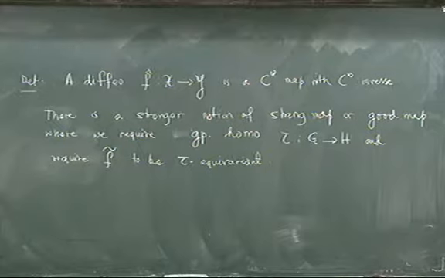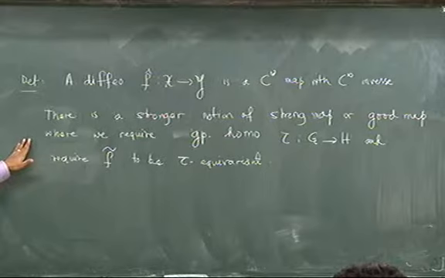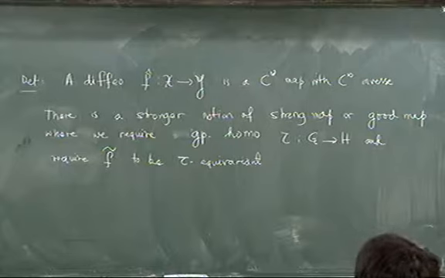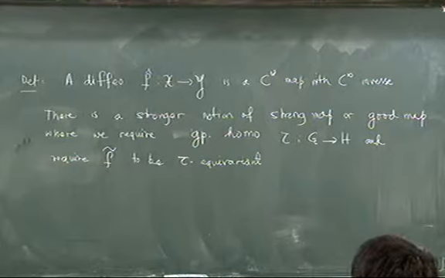One thing you can say is that in this strong sense, there is no diffeomorphism. That is obvious. The strong maps preserve the local groups, so strong diffeomorphisms would preserve local groups.